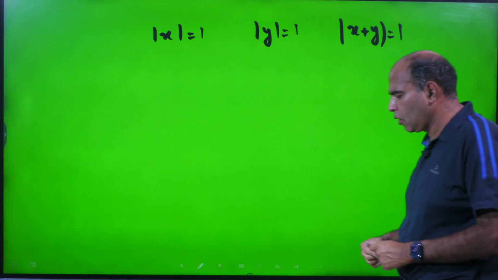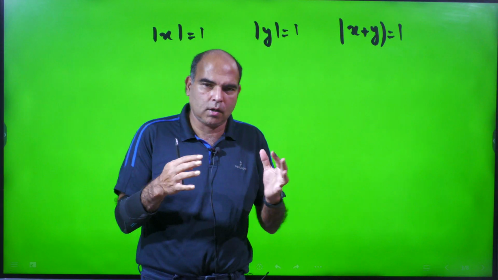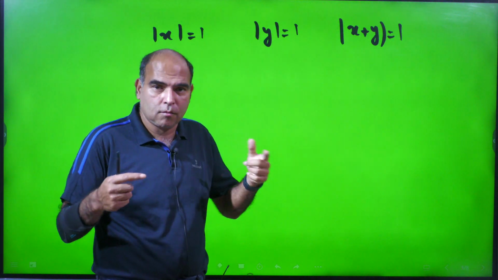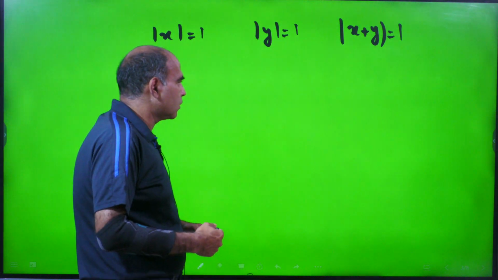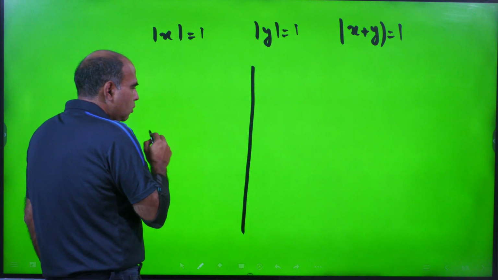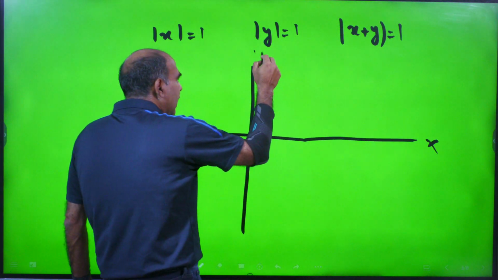So the principal objective in these questions is to work out what kind of shape the area is that the three curves are bounding together, and then use geometry principles to find the area of that shape. If I look at the coordinate axes, this is the x-axis and this is the y-axis.